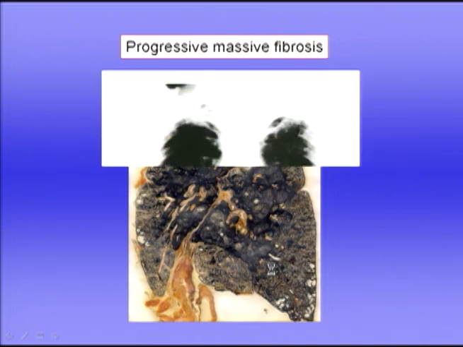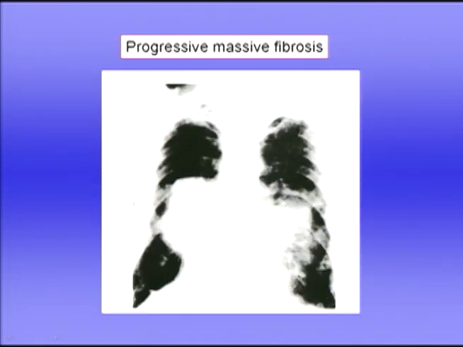And look at this radiograph. It just looks awful, doesn't it? Here's an enormous amount of fibrosis around the hilum here, and over-penetrated emphysematous looking lung around it. So progressive massive fibrosis is a very disabling disease indeed, but fortunately occurs only in a minority of coal workers who develop pneumoconiosis.